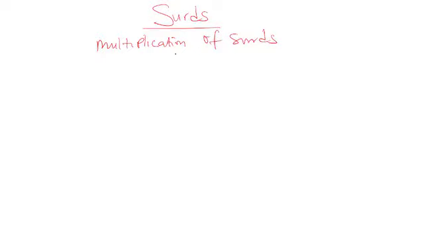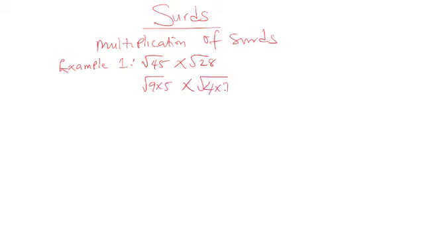And when you talk about multiplication of surds, let's call this our example 1. We have root 45 times root 28. If you want to multiply this surd, now you know that root 45 is the same thing as root 9 times 5, and root 28 you know is the same thing as root 4 times 7.